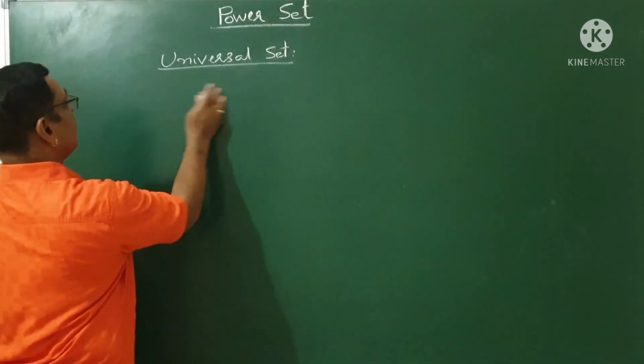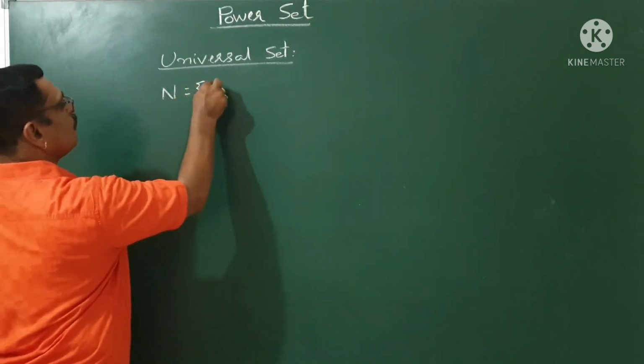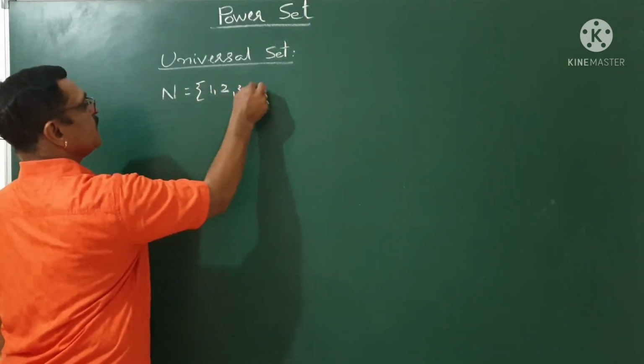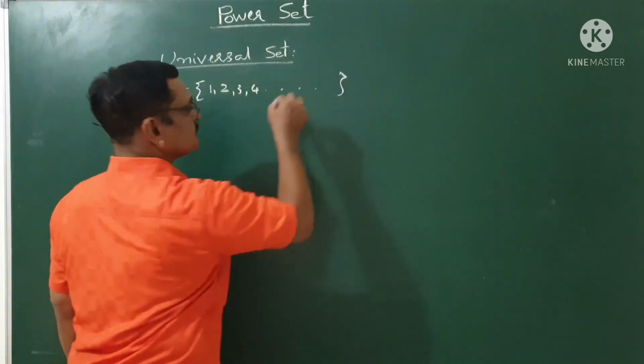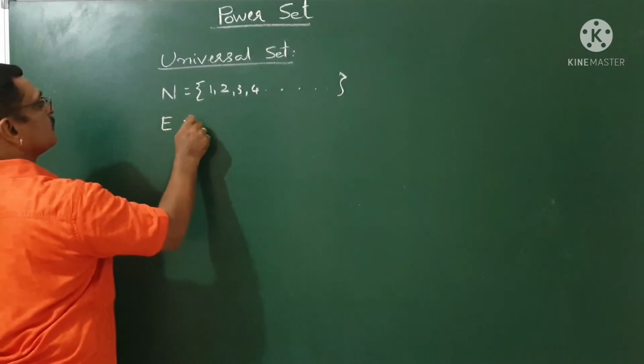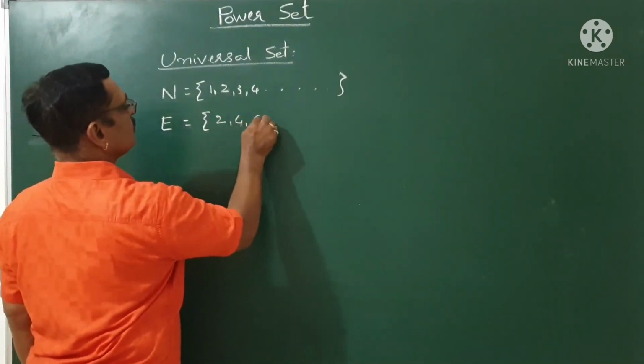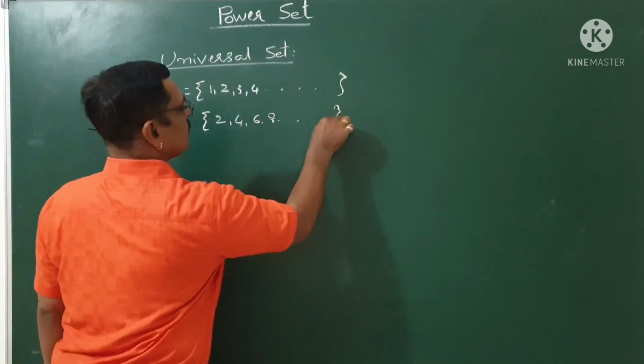For example, I have a set of natural numbers 1, 2, 3, 4, and what else? I'll say set of even numbers, 2, 4, 6, 8 and so on.